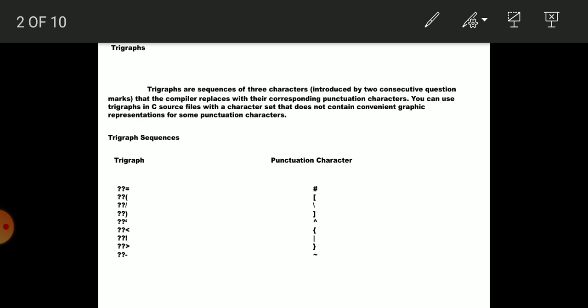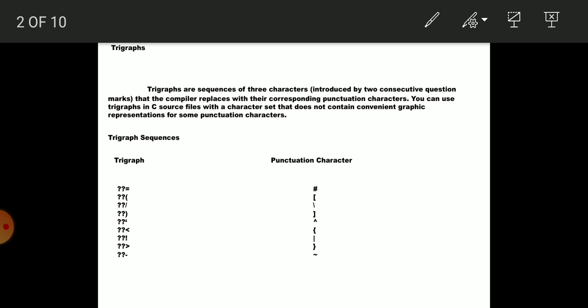For example, 2 question marks followed by the equal to symbol is translated as the hash number sign, and 2 question marks followed by an open bracket is equivalent to a left bracket.